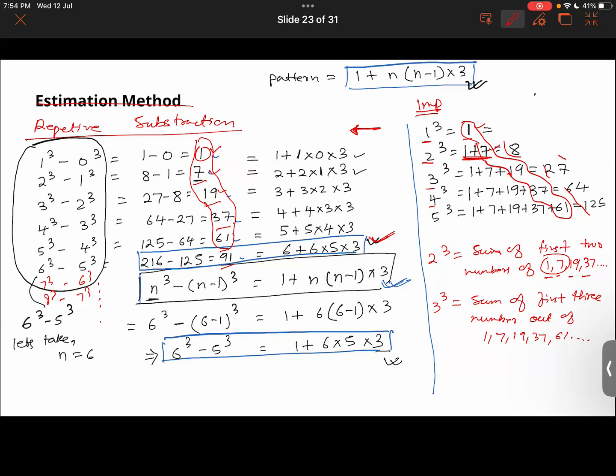Now, the question is, how do we find the cube root of those numbers? In order to find the cube root, you will go on subtracting these numbers until you get 0.